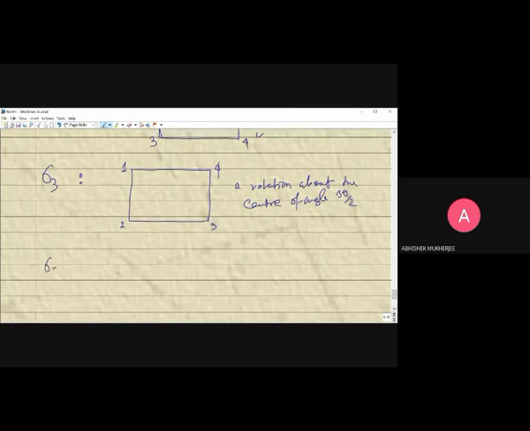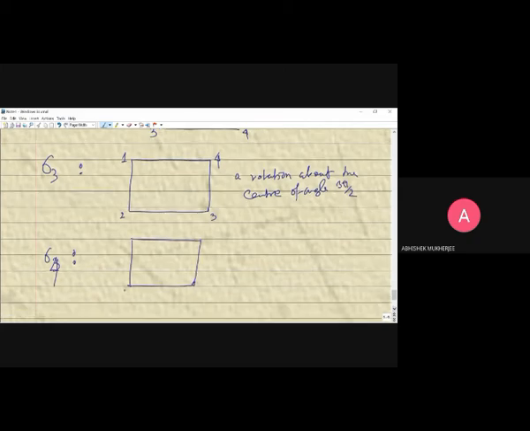And then sigma 4. What is that? So it is 1 is here, 2 goes to this, 3 goes to this. Okay?